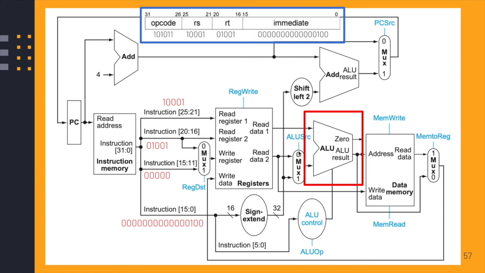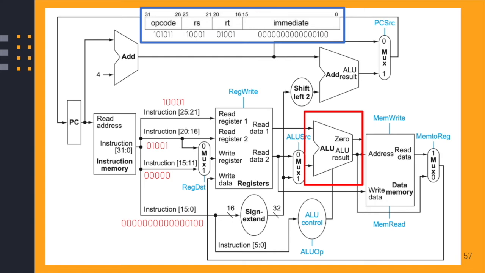And this multiplexer has the control signal ALU source, which was gotten from the control unit. As you can remember, in the instruction decode we have a control unit that takes the opcode bits from 26 to 31 and will output all control signals in the data path.